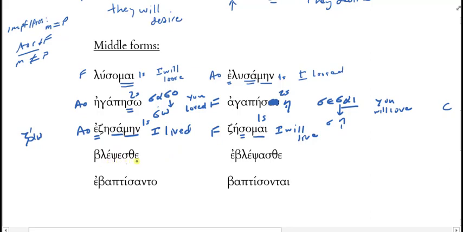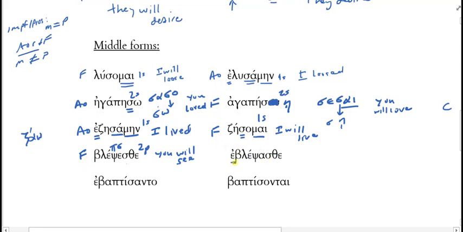Next, blepsesthe. We'll compare that with eblepsasthe. What do I have here? First one is future. There's no augment, and I just have a P plus a sigma, and then the connecting vowel and sthe for second plural middle passive. That's going to be the primary middle passive second person plural. So this is you or y'all will see, or y'all will see for yourselves. Okay.